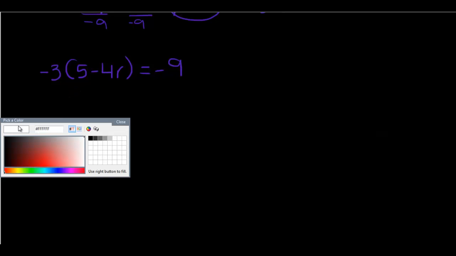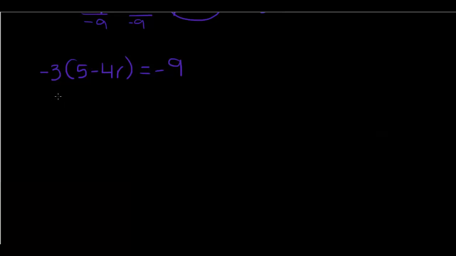So we're going to multiply negative 3 times 5 and negative 3 times negative 4r. Negative 3 times 5 is negative 15. Negative 3 times negative 4r is positive 12r equals negative 9. Now we're going to add 15 to both sides.